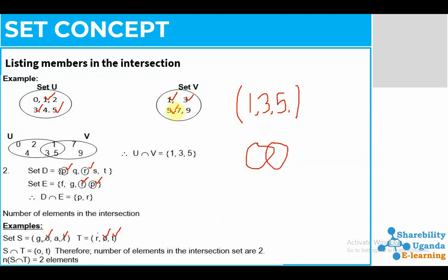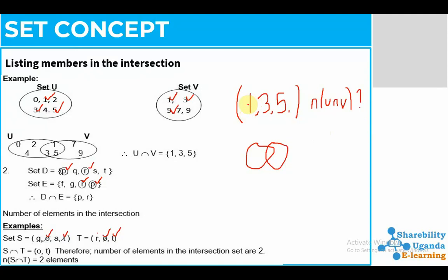Okay, can we do that also to this that we did, finding the members? How many members are here? If you have been given this one, remember we said we first list them. Here we had already listed them. We said it is a 1, a 2, a 3, and a 5. Then here they want us to find the number of U intersection V. You do this by just counting them.